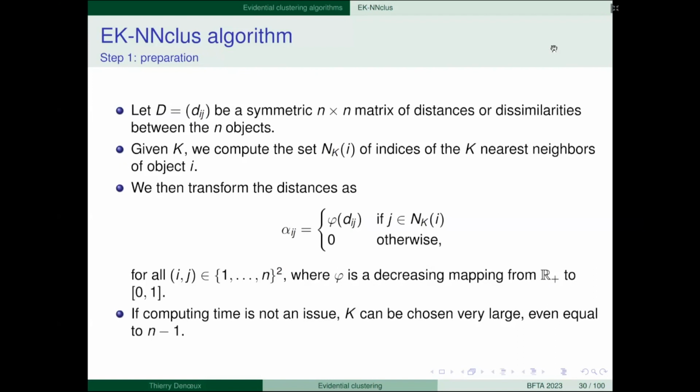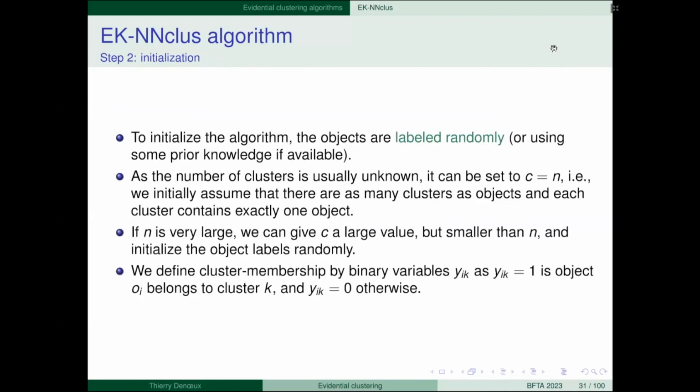Okay, how to fix k? If computing time is not an issue, k can be chosen very large, even equal to n minus 1. So in that case, we consider all the objects. To initialize the algorithm, the objects are labeled randomly. You assign random labels. But usually you don't know the number of clusters you're looking for.